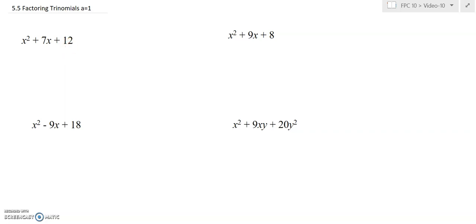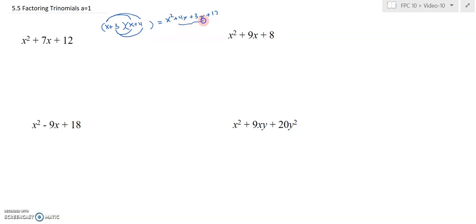In previous lessons, you learned how to expand binomials by multiplying them out. So if I had x plus 3 and x plus 4, you learned that you could FOIL, or first: x squared; outer: plus 4x; inner: plus 3x; last: is plus 12.